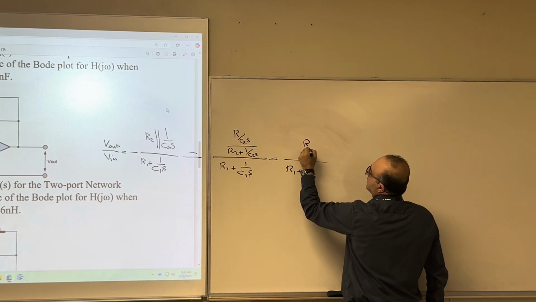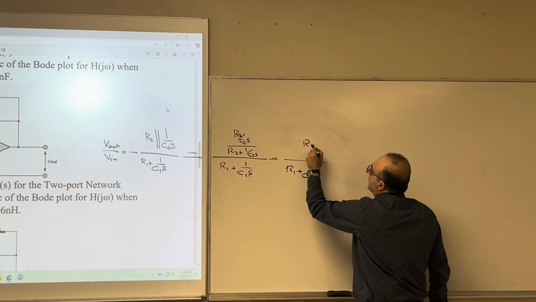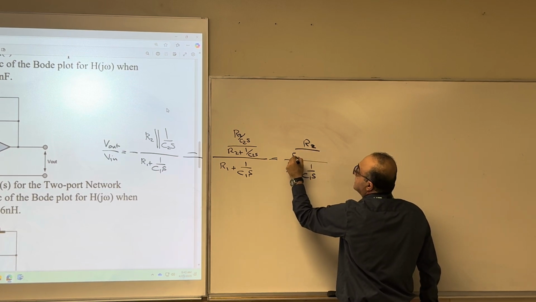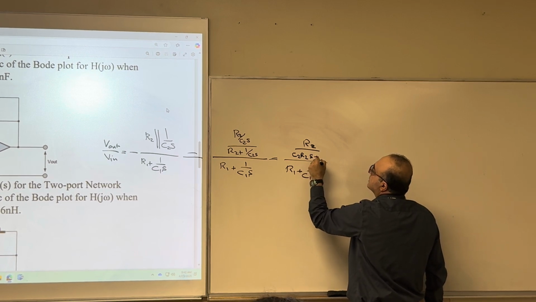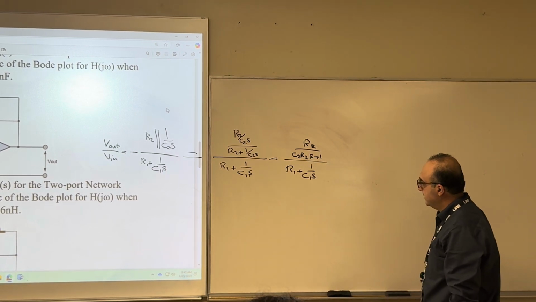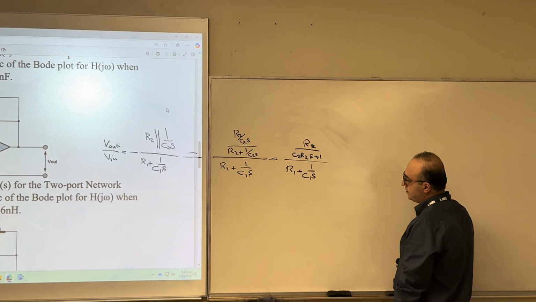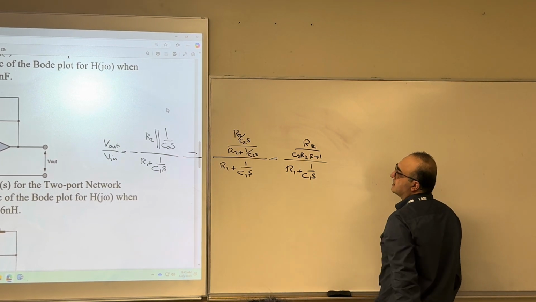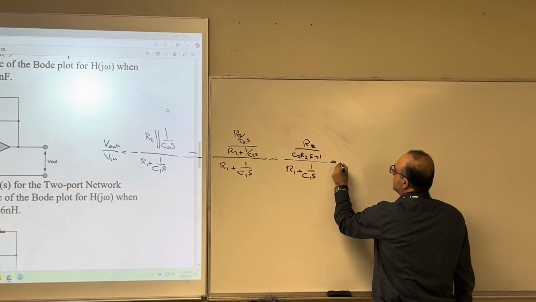It's going to be R what? R2 over C2R2S plus 1. I can multiply everything with this C1S and also take this one at the lowest.